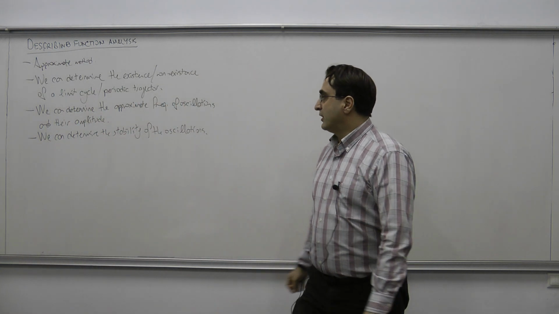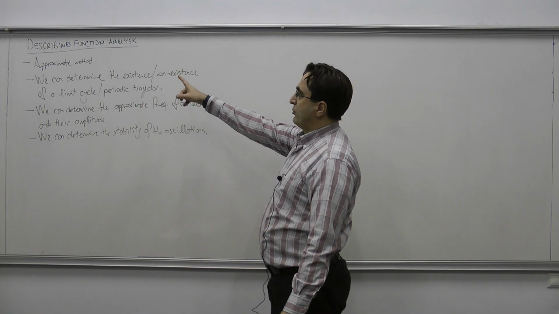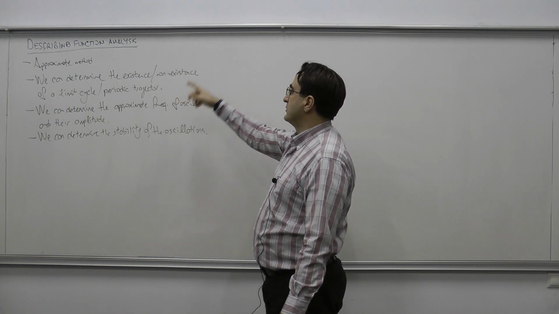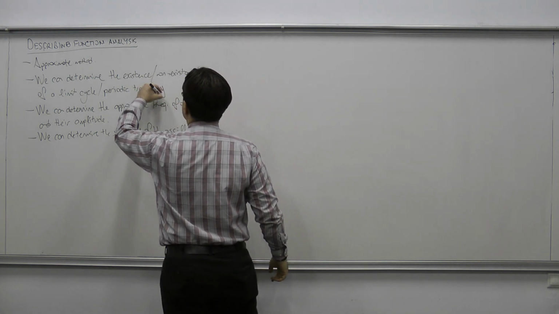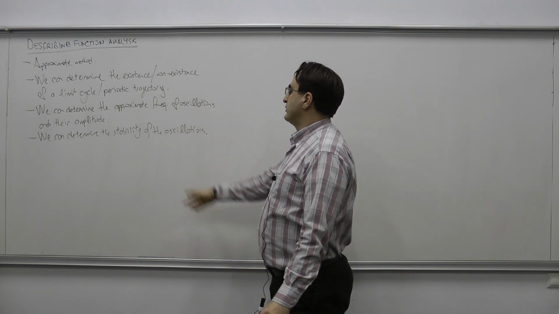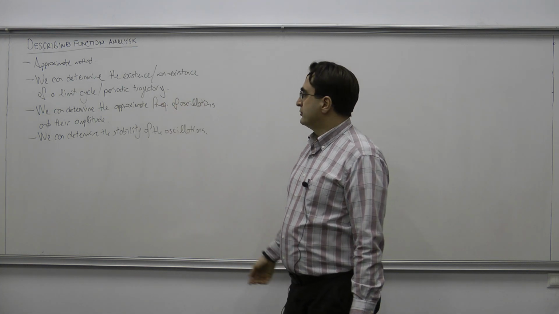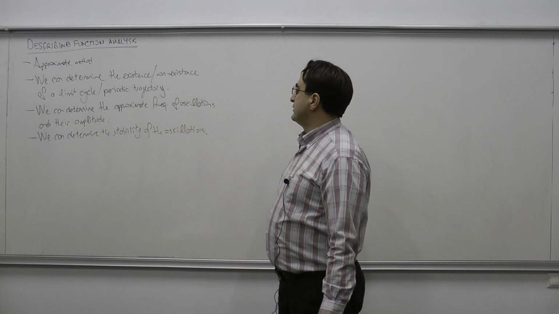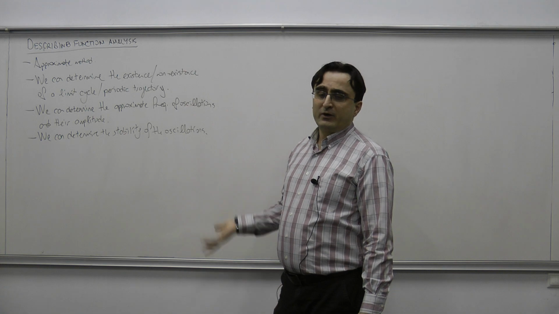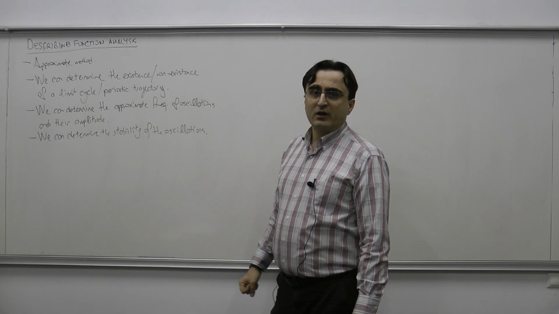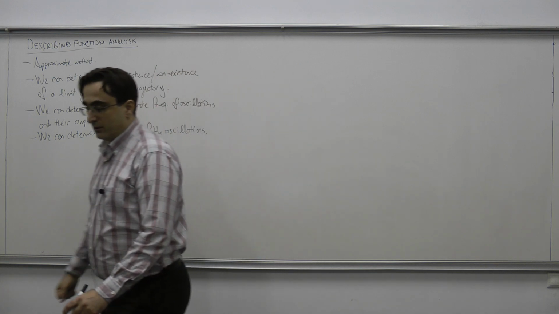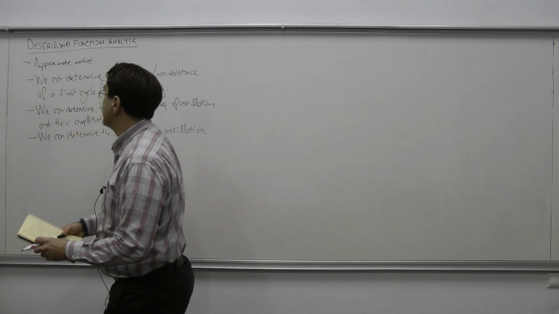So the describing function method is an approximate method, and we can determine the existence or non-existence of a limit cycle or periodic trajectory, and we can determine the approximate frequency of oscillations and their approximate amplitude, and we can determine the stability of the oscillations. So if we find a limit cycle, is that limit cycle stable or an unstable limit cycle, we can determine those types of properties of the oscillations.